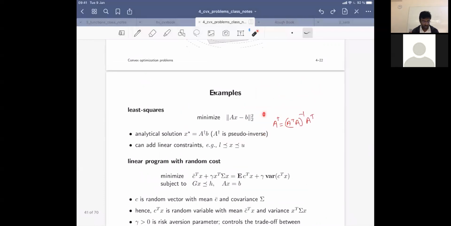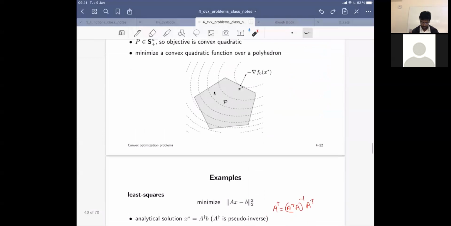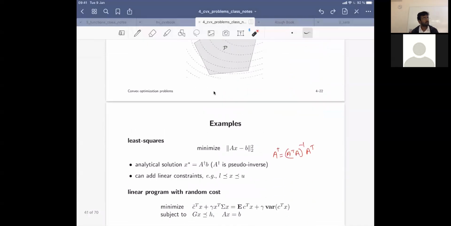So this is a quadratic programming with no constraints, unconstrained quadratic programming. But of course, you can add constraints. You can say something like x has to be less than u or greater than L. You can call it constrained least square.